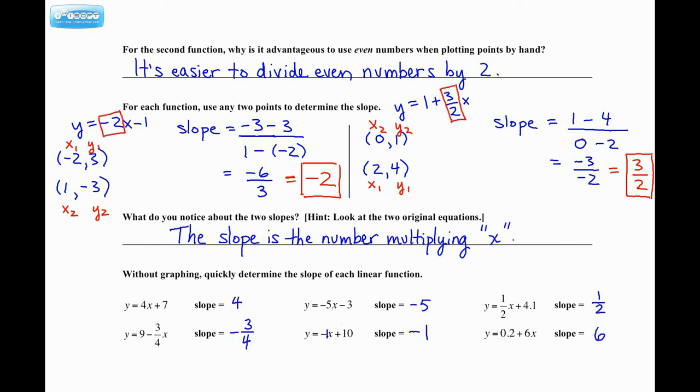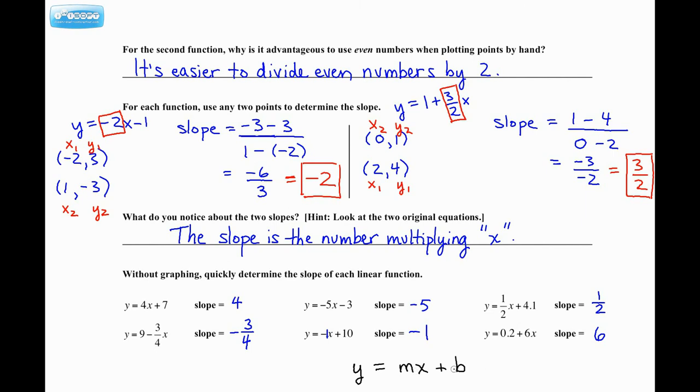Okay. Now the title of this particular lesson is Slope-Intercept Form. So I'm just going to write that down here. If you have an equation that looks like this, y equals, you have some number m multiplying x, and then you have some other number here tacked on. We'll just call it b. You notice that each of these 6 equations are of this form.